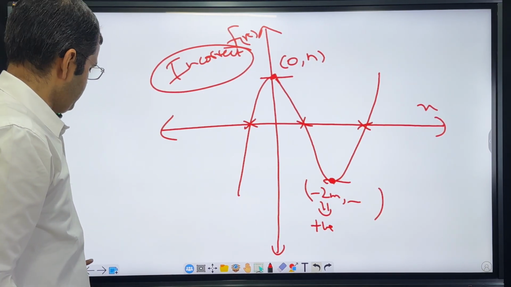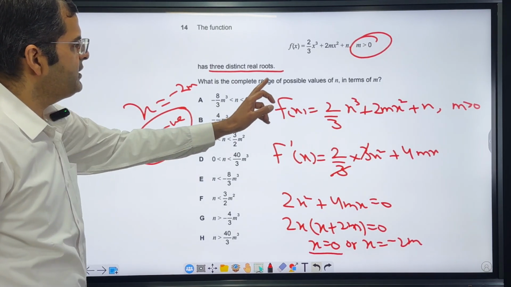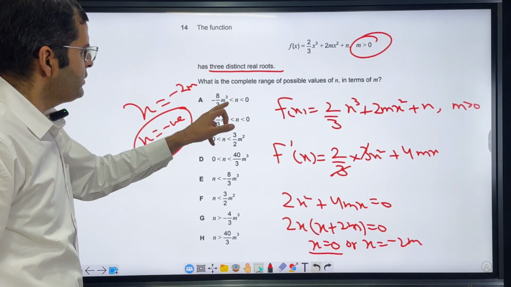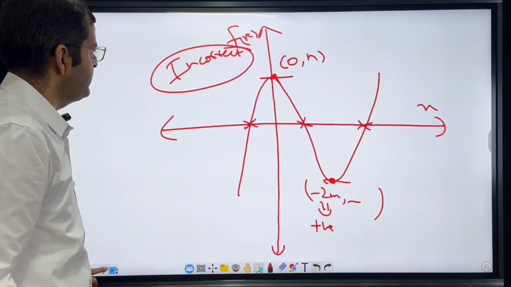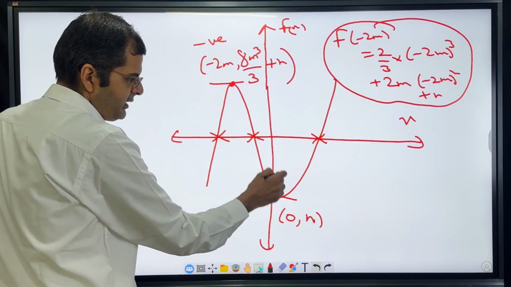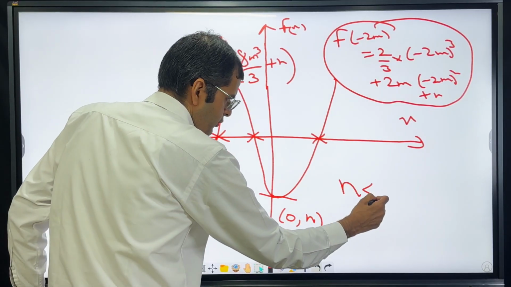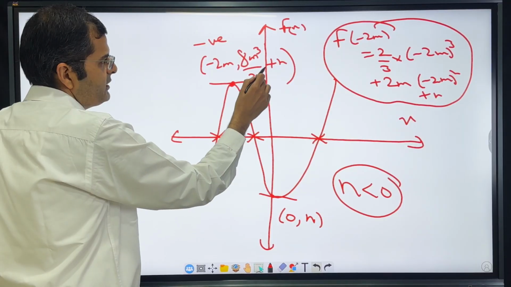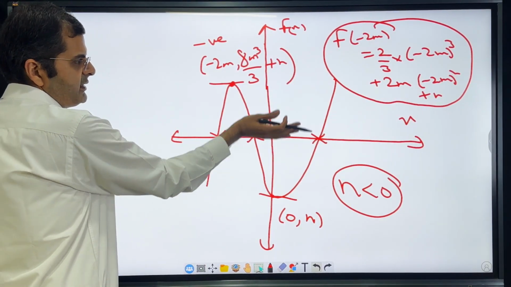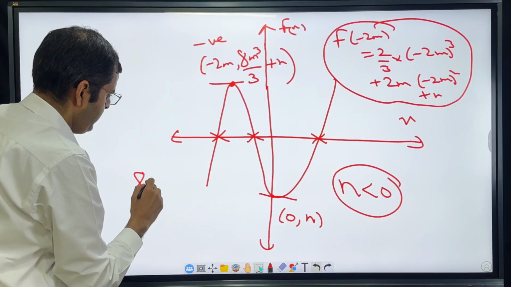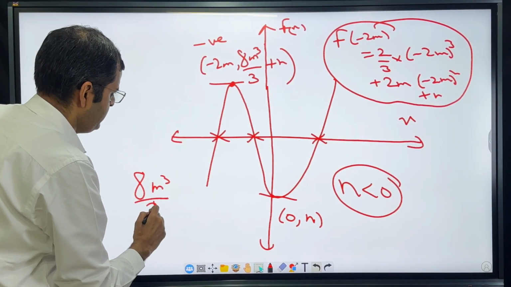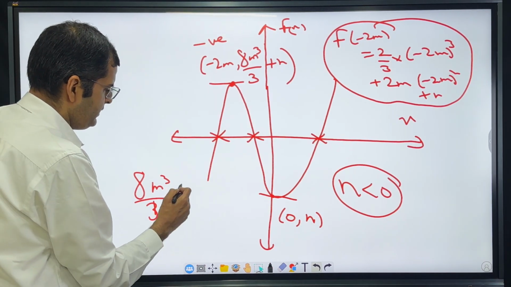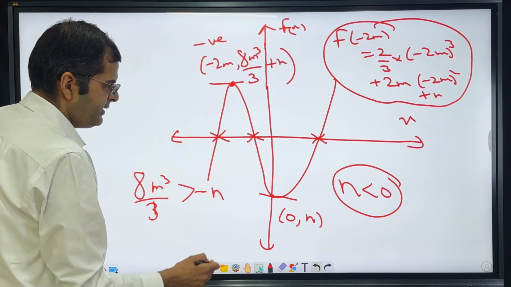Now look at the options. What is the complete range of possible values of n in terms of m? If I look at the first situation, n is less than 0, it says. Here n is coming down, so n is less than 0. For sure, it is correct. Now this y coordinate 8m cube by 3 plus n has to be greater than 0 because it is coming above the y axis. So 8m cube by 3 is greater than minus n.